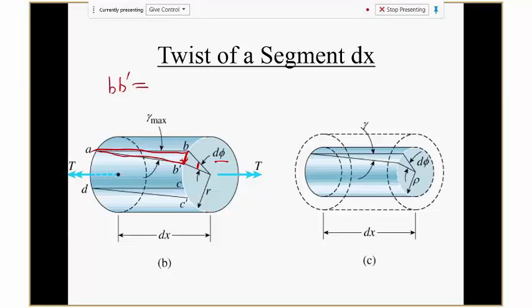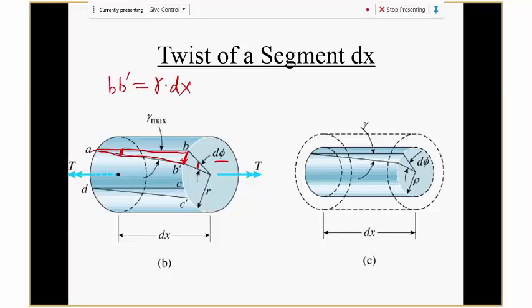One, if I look at this surface here, I call this angle gamma. So I can say this will be equal to gamma times dx. Do you all agree? At B prime, you rotate that much, so the angle you rotate is small gamma. So what's the distance you travel there? It's gamma times my arm length, right? So therefore, you can have this relation.